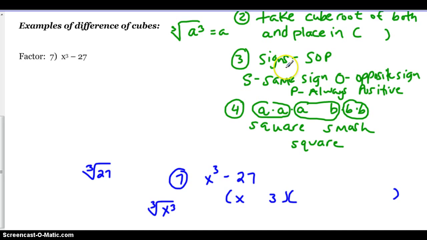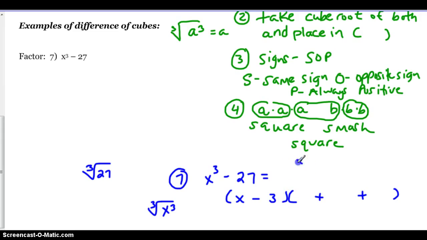Now we're going to write our signs down. So the same sign is here. So this same sign gets written here. Now the opposite of negative would be positive. Then we're going to write always positive. So same, opposite, always positive. Last, we're going to square, smash, square.